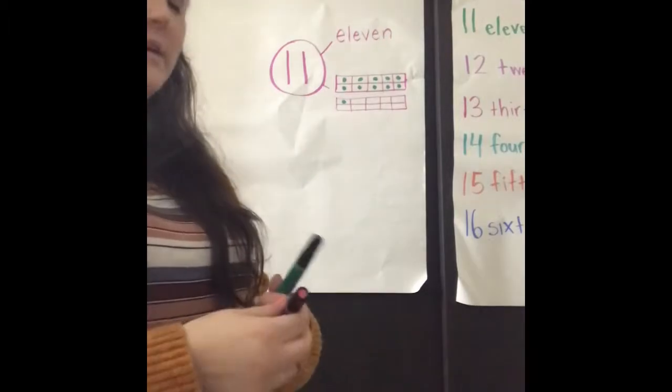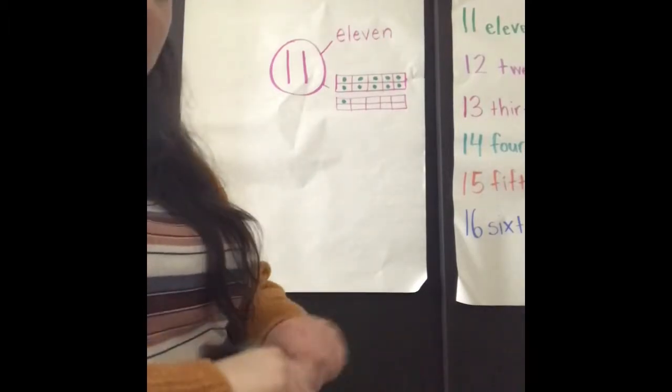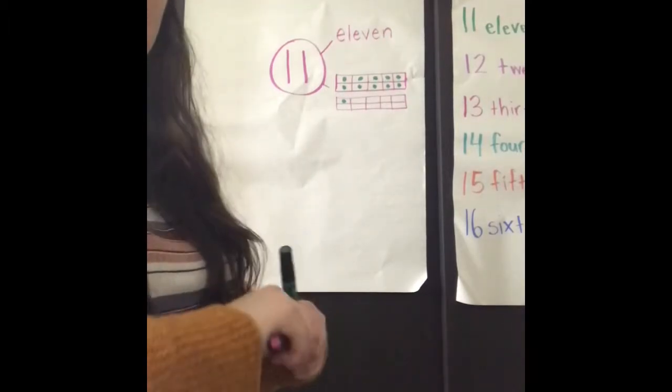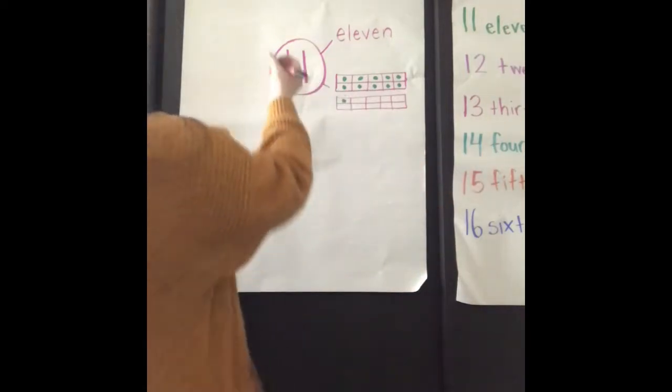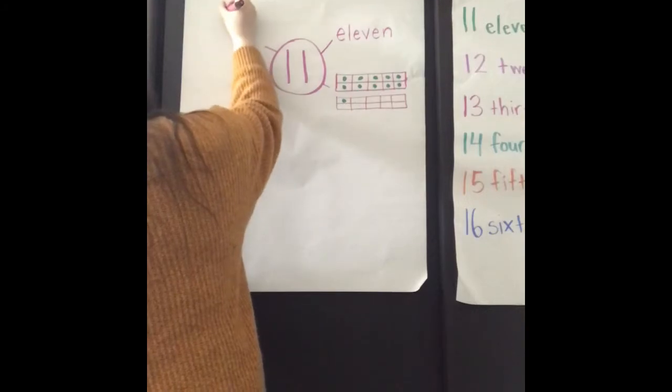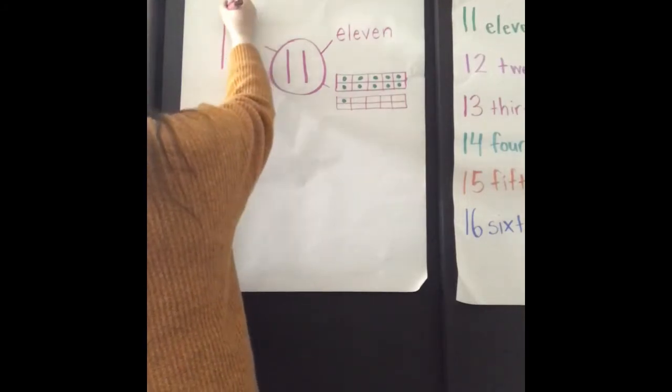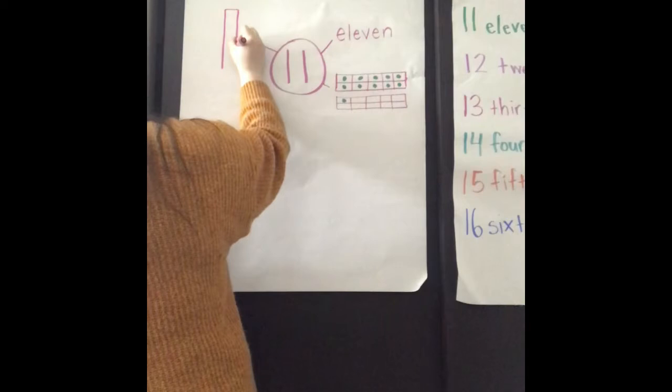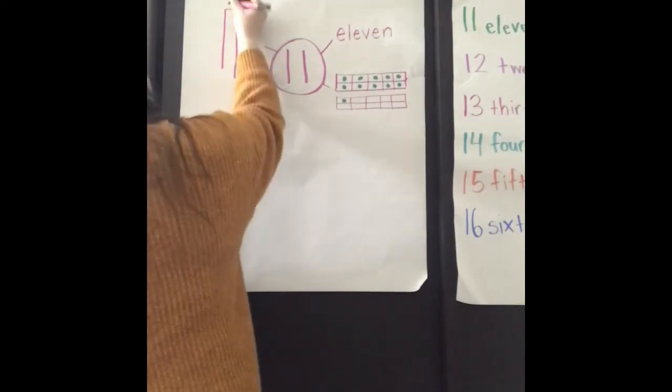All right. The next way that I'm going to write the number 11 is with a linking cube train. So I'm going to draw my linking cubes up and down like that.